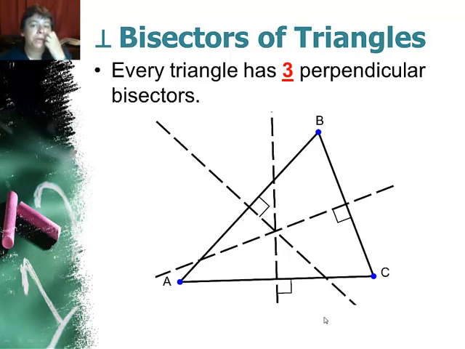Now, perpendicular bisectors of triangles. All the points on this dotted line are equidistant to B and C, then all the points on this dotted line are equidistant to A and C, and all the points on this bisector, not an altitude, are equidistant to A and B. For my pre-AP kids, this point where they meet is equidistant.